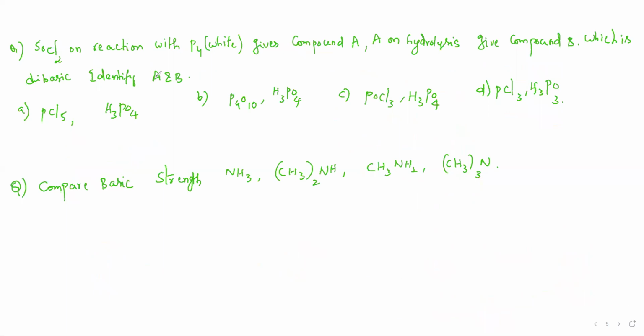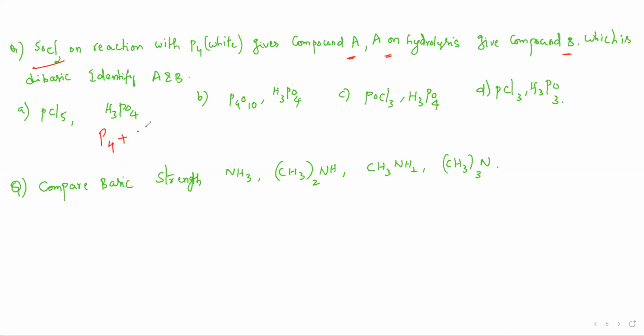Now coming to the next question: SOCl2, which is thionyl chloride, on reaction with P4, that is white phosphorus, gives compound A. A on hydrolysis gives compound B, which is dibasic. Identify A and B. Here white phosphorus is P4.